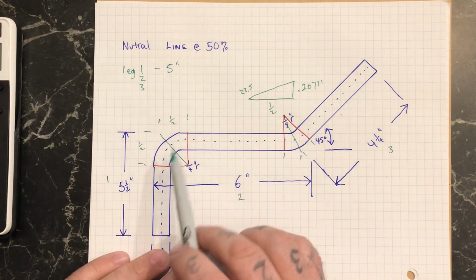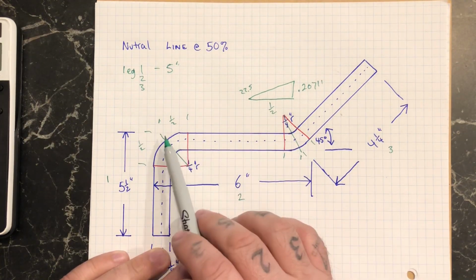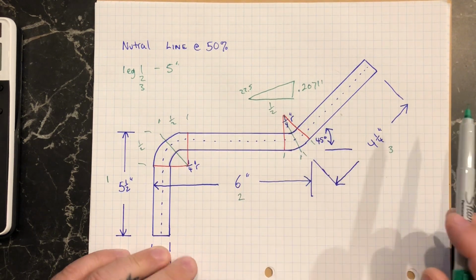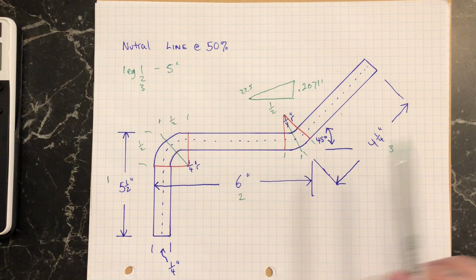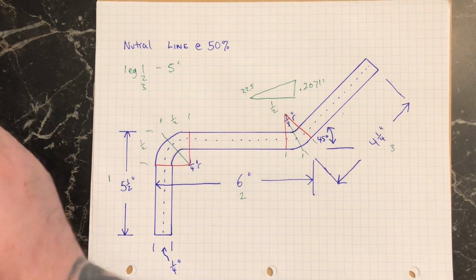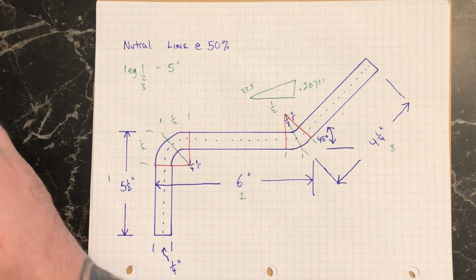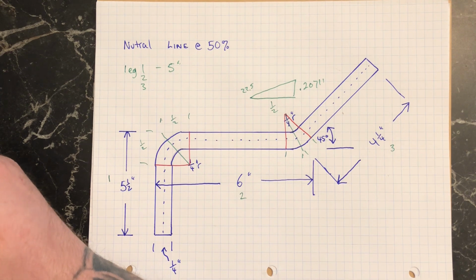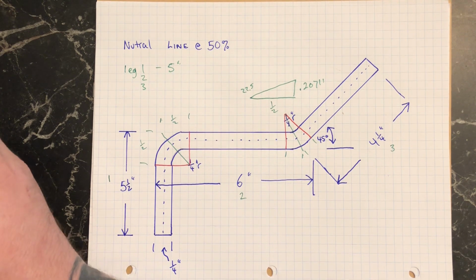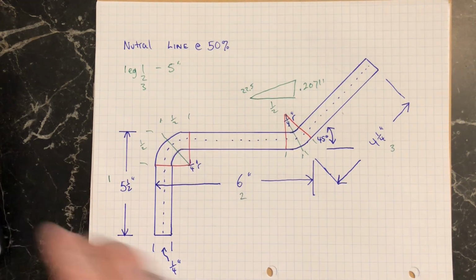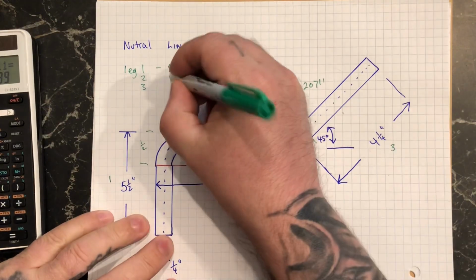Now leg number two goes from here all the way to here, so we're gonna have to subtract a 1/2 off of this side, and we're gonna subtract 0.20711 off of this side. So it has two setbacks that have to come off of there. So 6 minus 0.5, and then minus 0.20711 equals, I'm just going to leave this in decimals.